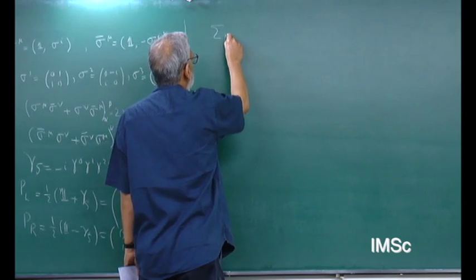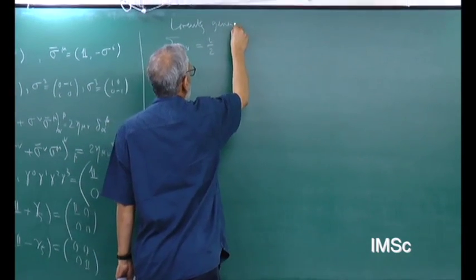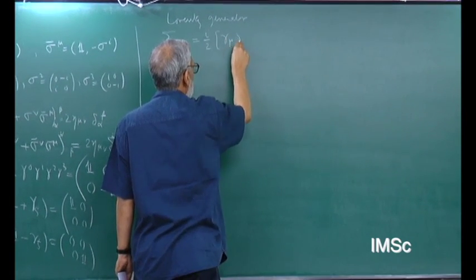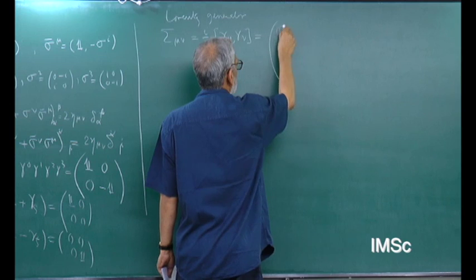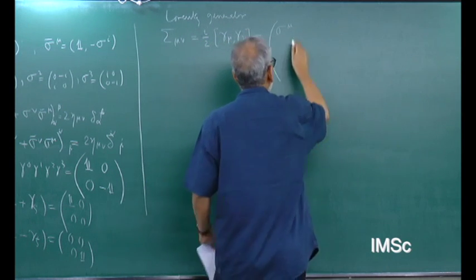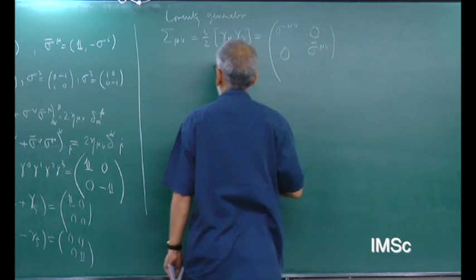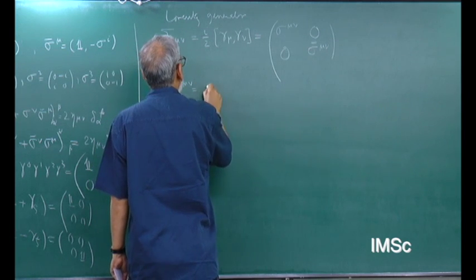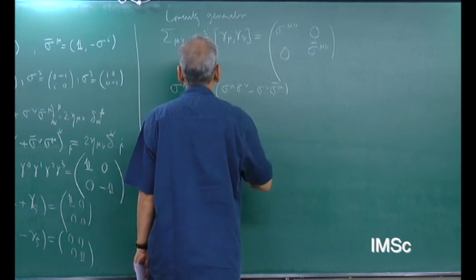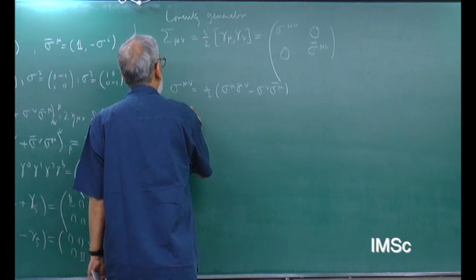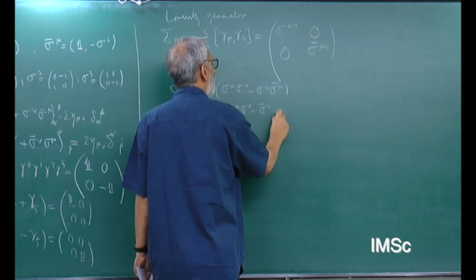So sigma mu nu, which we had defined as I by 2 times the commutator of gamma mu, gamma nu, also breaks into a block diagonal form: sigma mu nu, 2 cross 2, 0, 0, sigma mu nu bar, where sigma mu nu is I by 2 sigma mu sigma nu bar minus sigma nu sigma mu bar, and sigma mu nu bar is I by 2 sigma bar mu sigma nu minus sigma bar nu sigma mu.